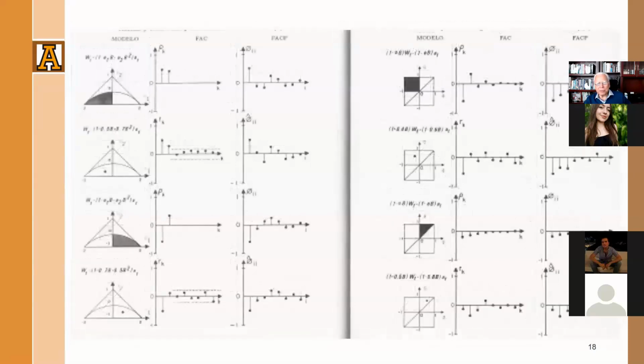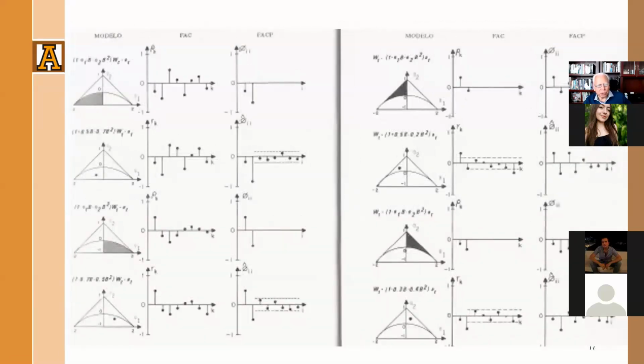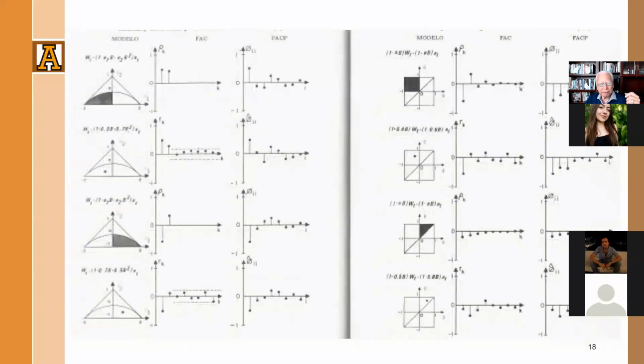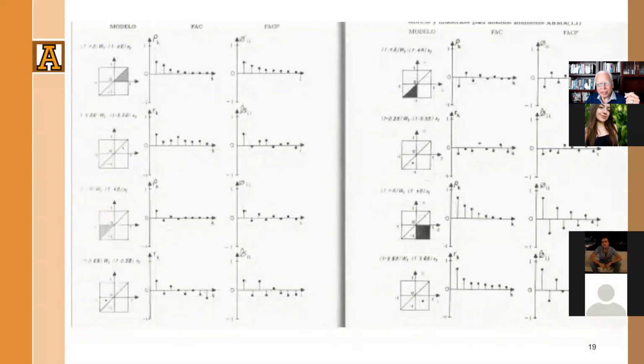But this is something that you can refer to if you haven't run the script with different models, and look at patterns of behavior of the ACFs and PACFs, and try to identify if it's an AR model, an MA model, or an ARMA model, and the order of the ARMA model. That's it.